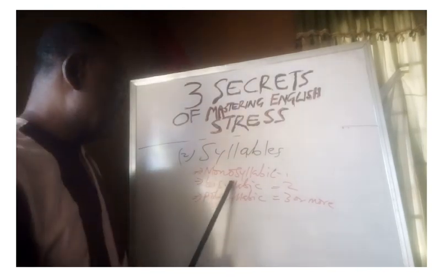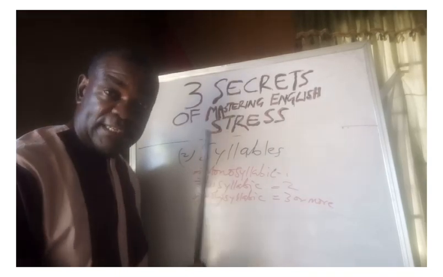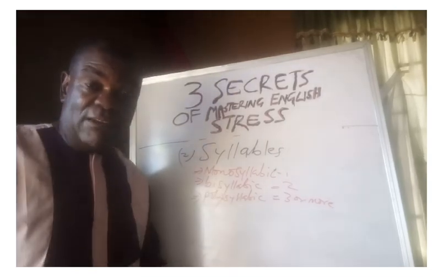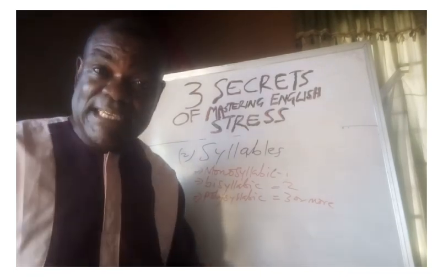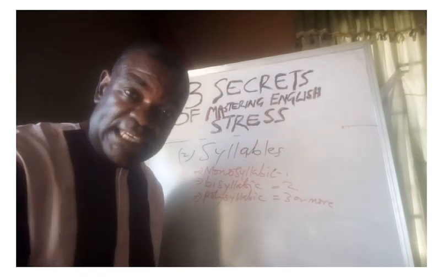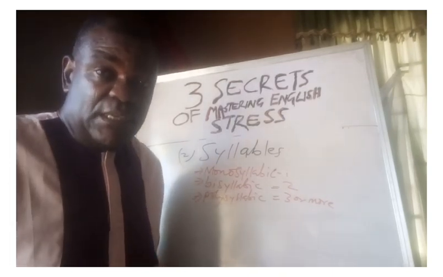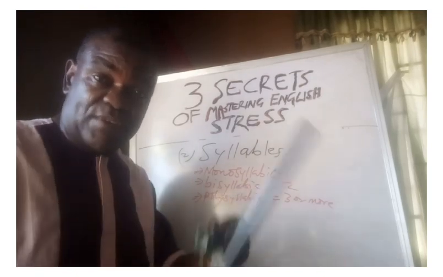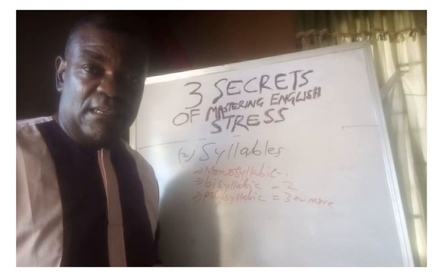So basically, that is the rule that applies to bisyllabic words. There is another rule that applies to a bisyllabic word: if it begins with a prefix, stress the second syllable. If it does not begin with a prefix, stress the first syllable. In most cases, it's like that.